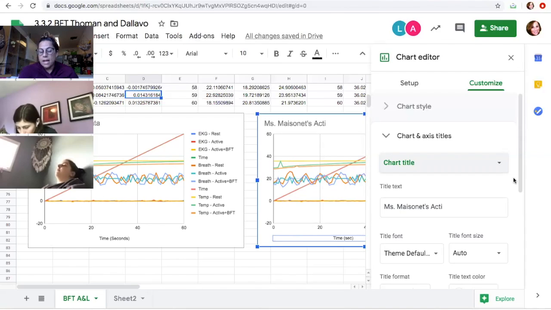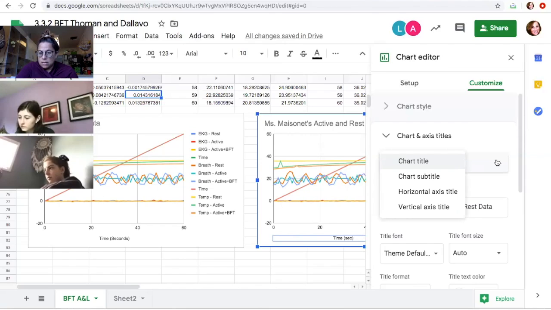When you're done with that, then you can change your y-axis, which would be the one that says vertical.